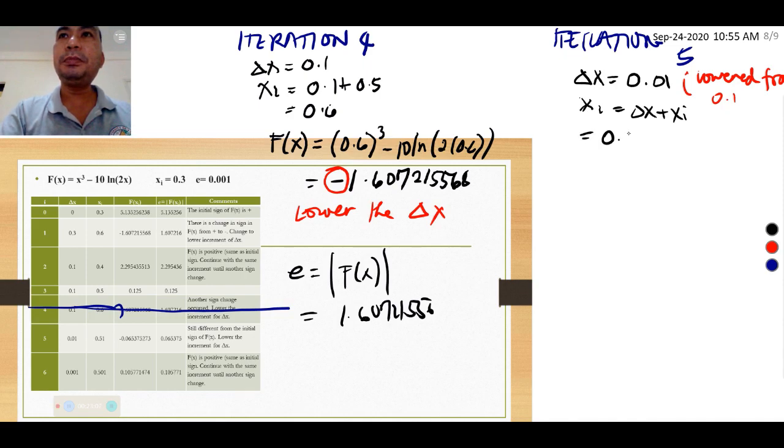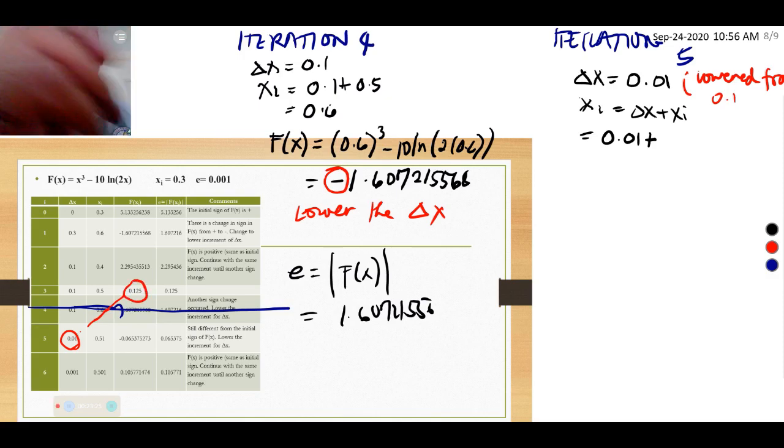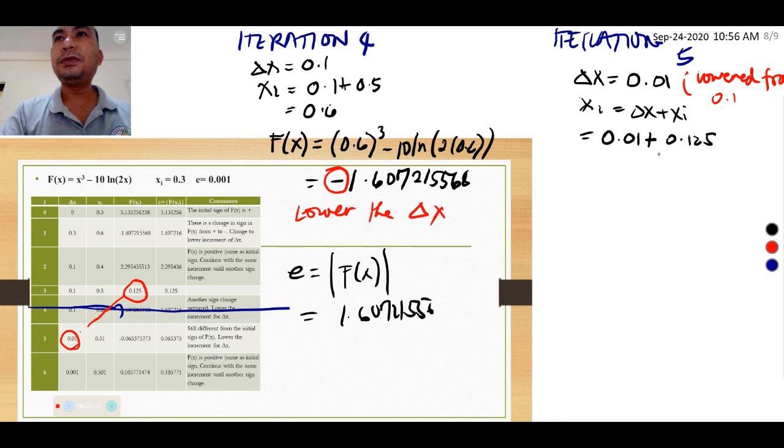That will be 0.01 plus, since we have neglected the fourth iteration, 0.1 plus, again, 0.125.